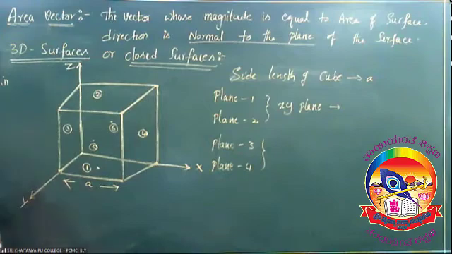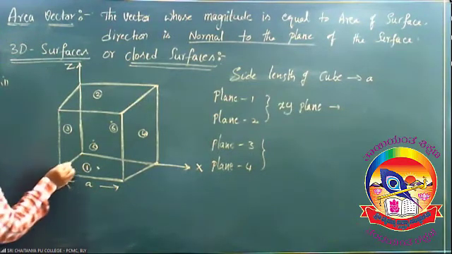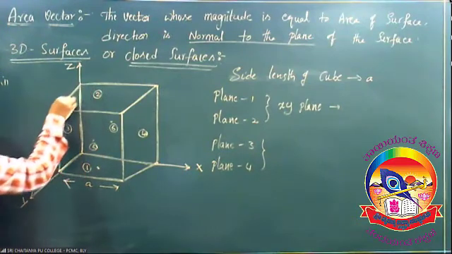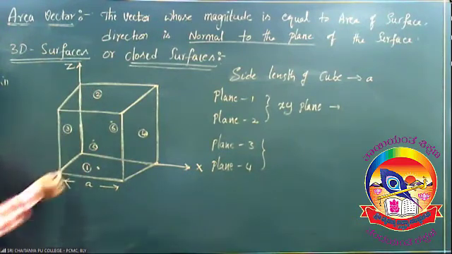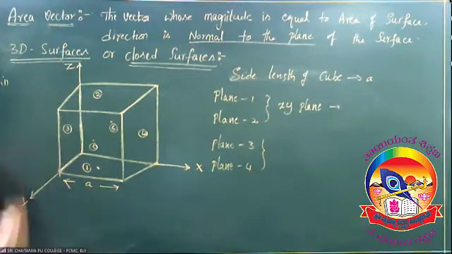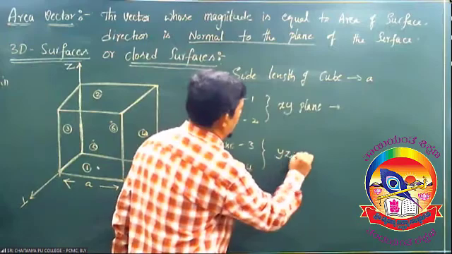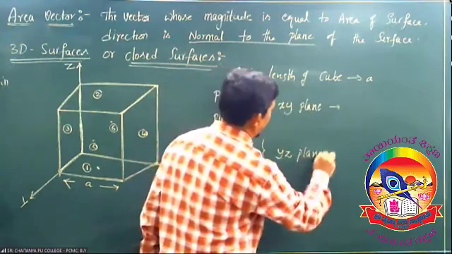Plane 3 and plane 4. They are formed by these two. Which axes are these? Y and Z axis. Right? Which planes are they?